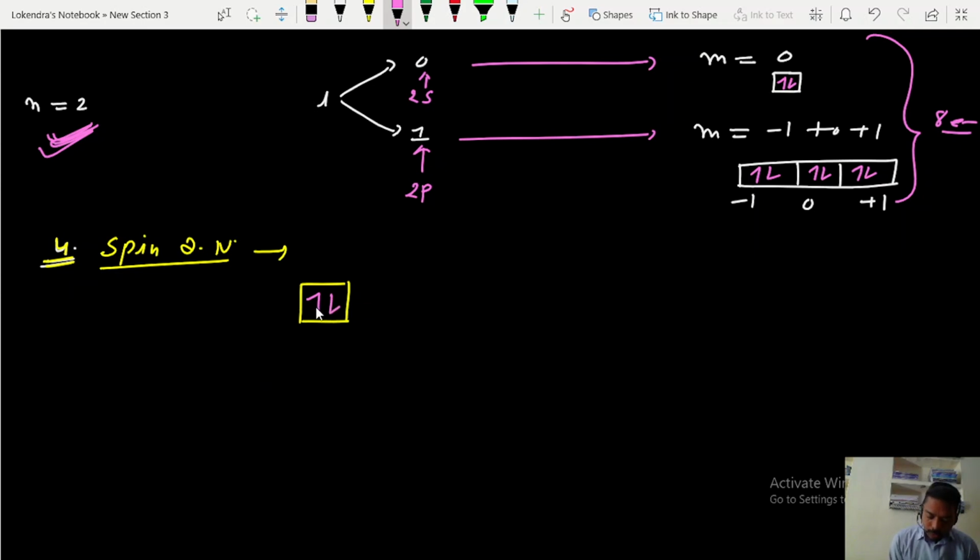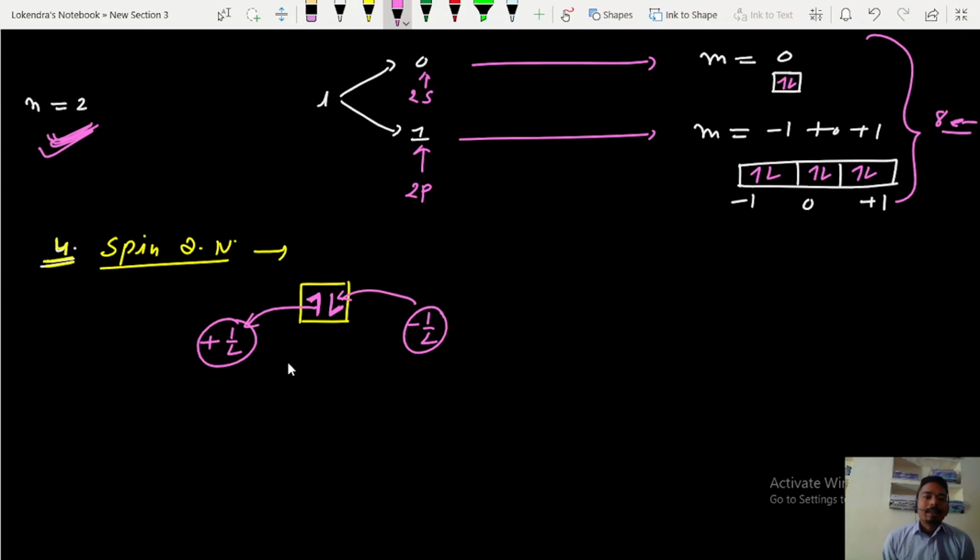This arrow is representing the rotation of an electron. If the electron is revolving in a clockwise direction, we can write plus half. If the electron is revolving anti-clockwise, we write minus half.